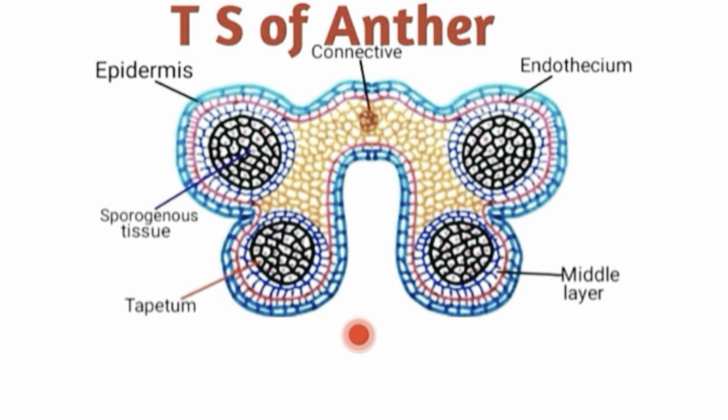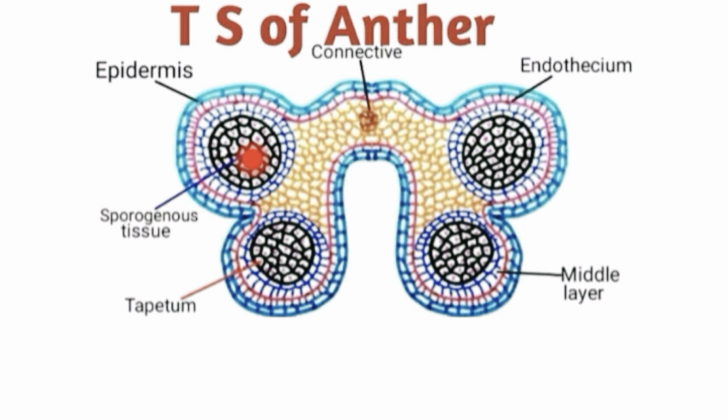These sporogenous cells are responsible for the formation of sporogenous tissue here. And each cell of this sporogenous tissue is going to give rise to a microspore tetrad, that is nothing but the pollen grains. So pollen grains will be present here.